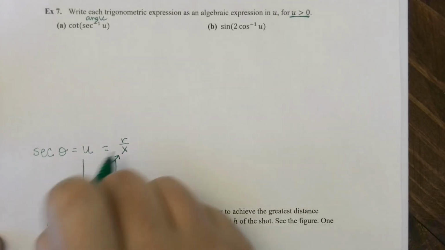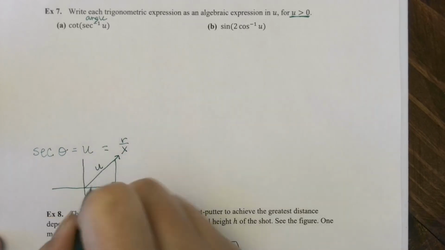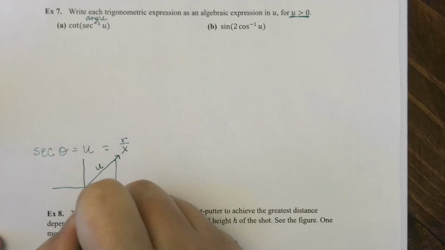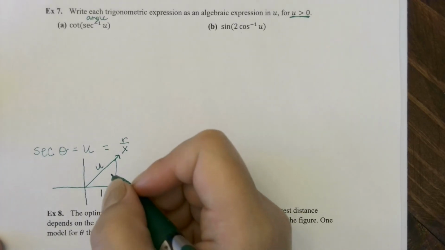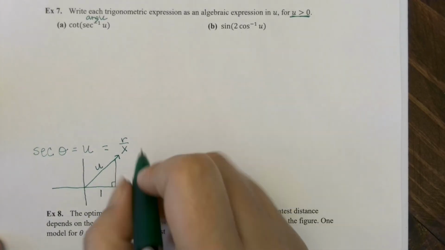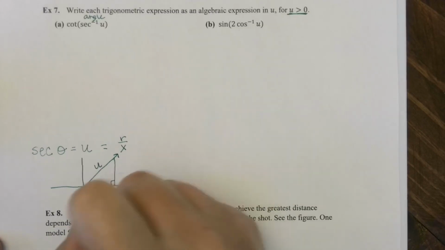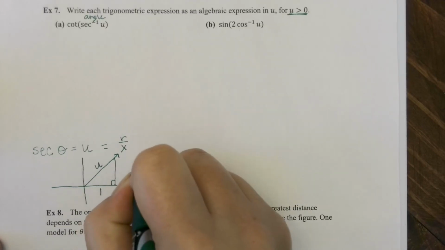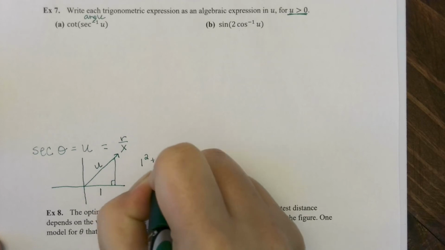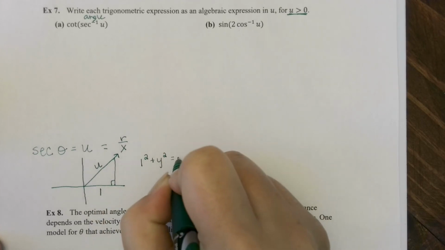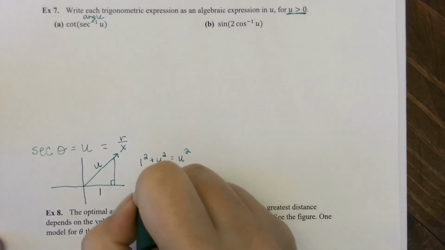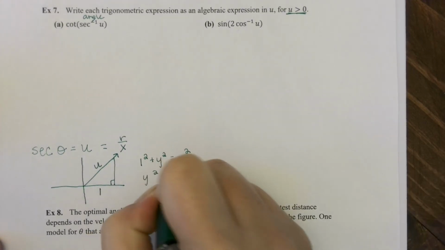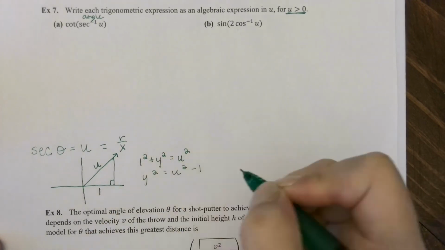So that means that u is going to give me u for r, and x is going to equal 1. Using the Pythagorean identity, I have x squared, so 1 squared, plus y squared equals u squared, or y squared equals u squared minus 1.